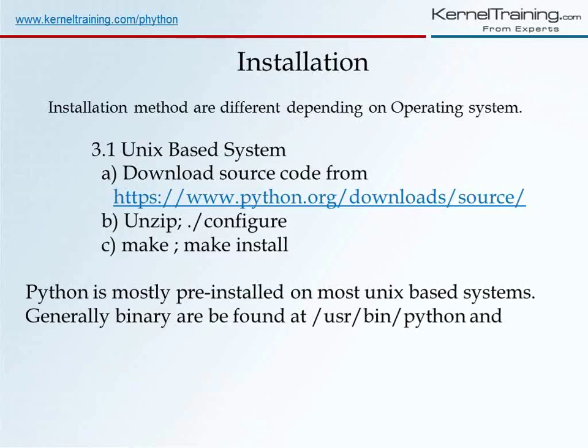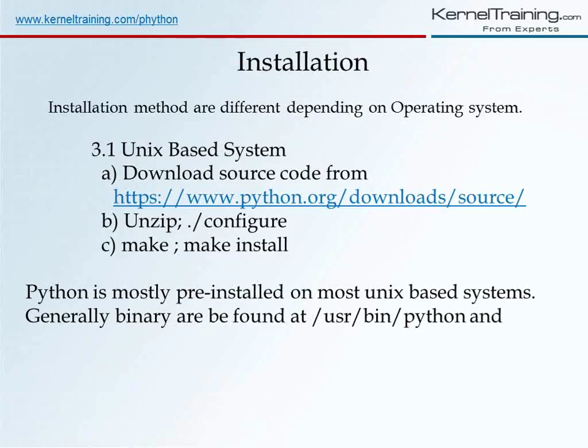This is C code totally, and you need to run these commands: unzip the code, configure, make, and make install. The configure command gets your system environment details and sets the parameters. Make compiles it, and make install installs it into the directory path and puts things in place.